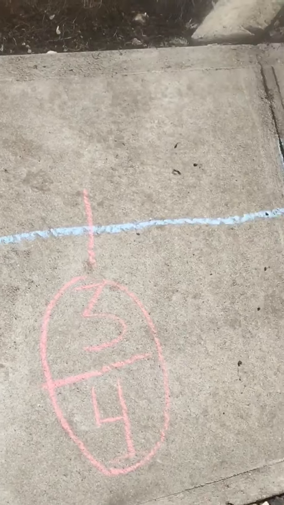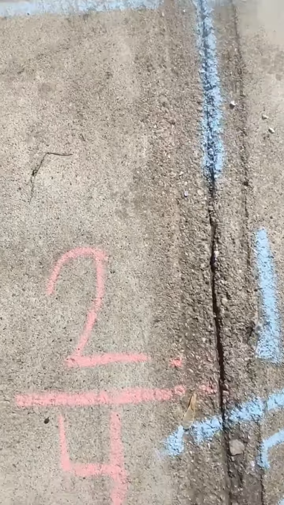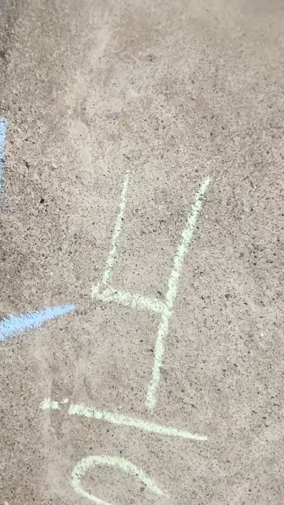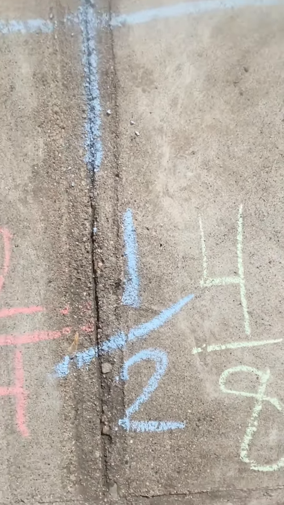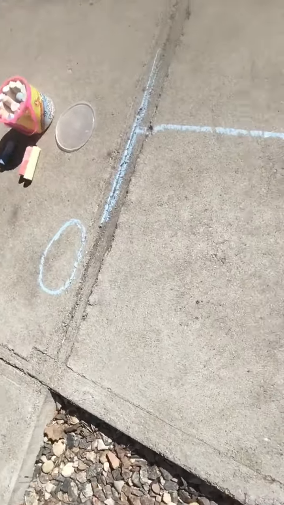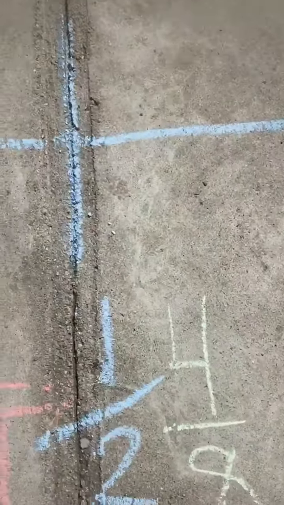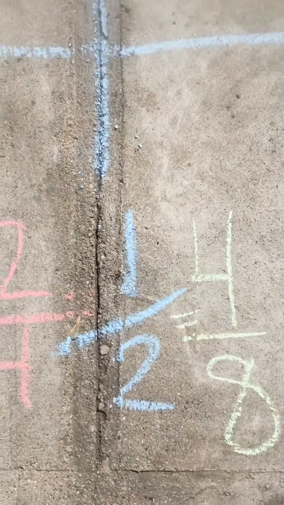If we're looking at half, 4/8 is half. So if 4/8 is half, is 3/8 smaller than half on this side of the number line, or is it going to be larger?